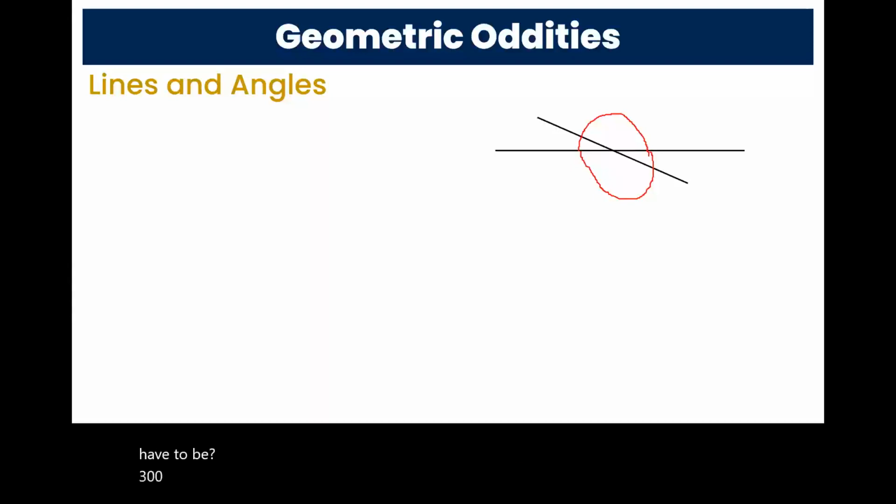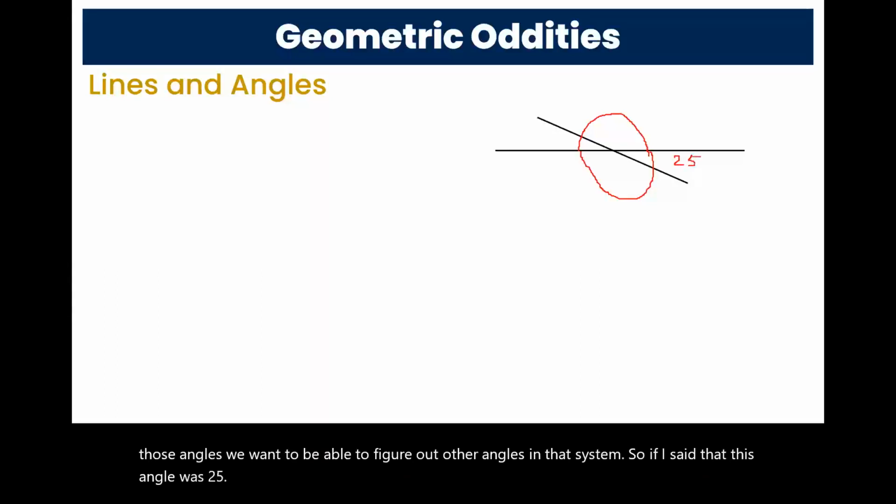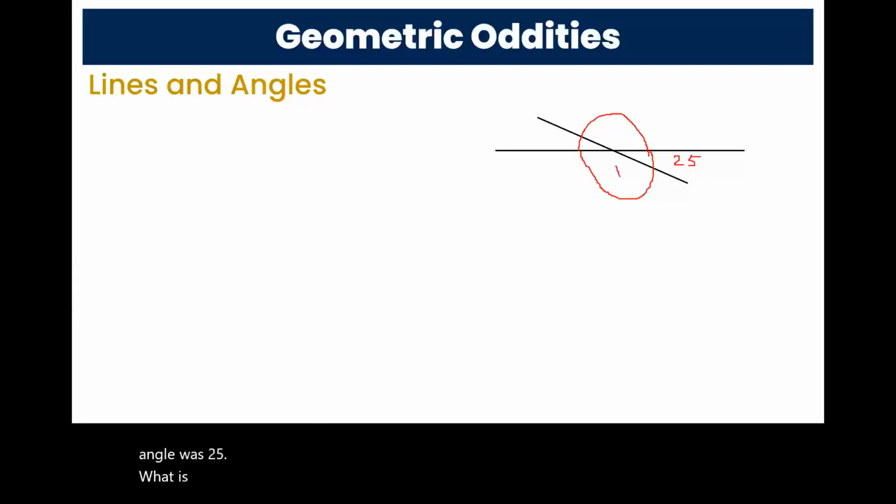And the reason why we want to know that is because if they give us one or two of those angles, we want to be able to figure out other angles in that system. So if I said that this angle was 25, what is this angle right here? 155, because we know that those would have to add up to 180.